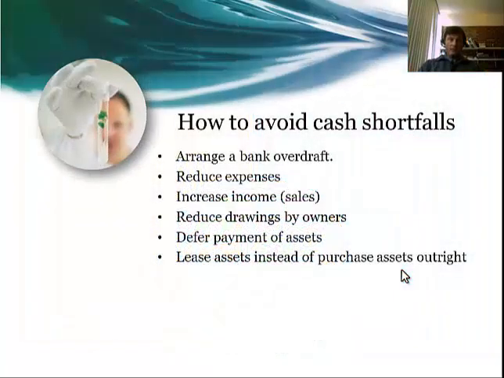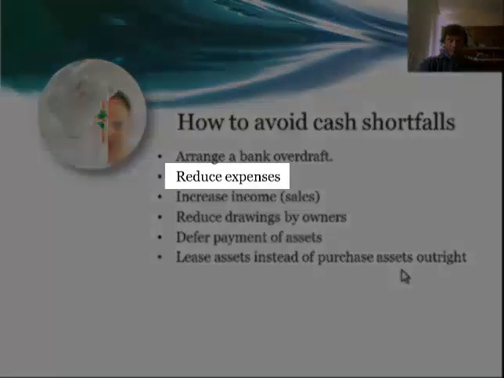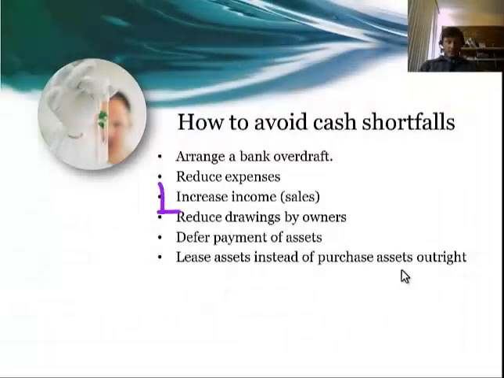Now, how can we avoid cash shortfalls? If there's a shortfall, then managers must arrange a way to cover the shortfall in the short term. They can arrange a bank overdraft. I mentioned that before. In the short to medium term, they can reduce expenses. Businesses are always looking at ways of minimising their expenses.